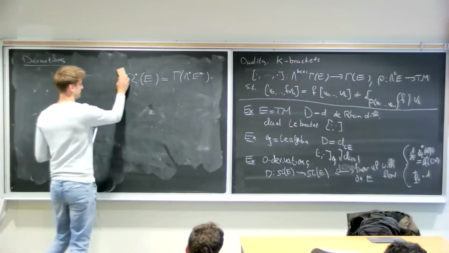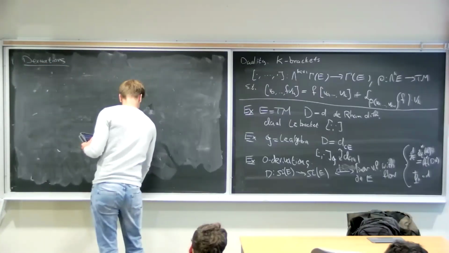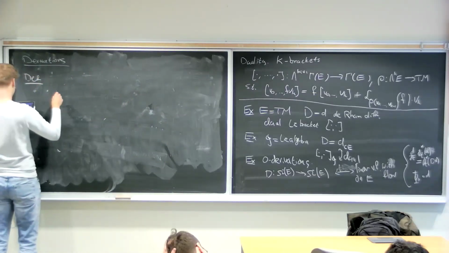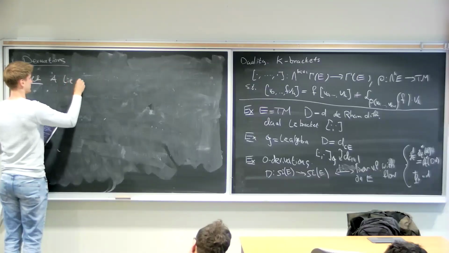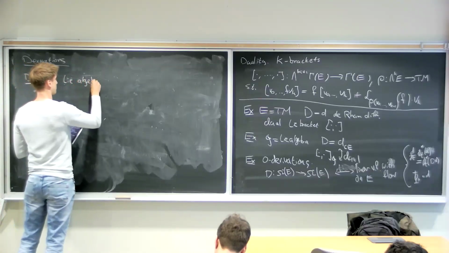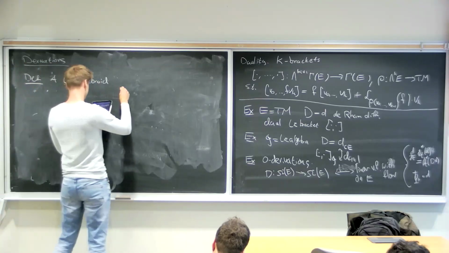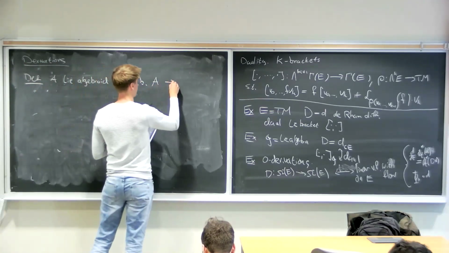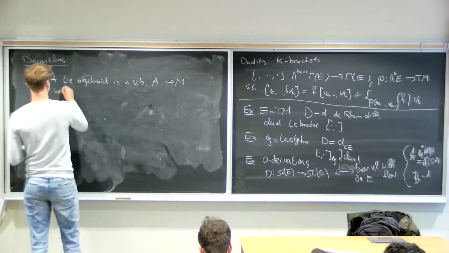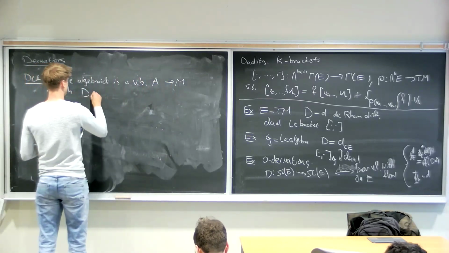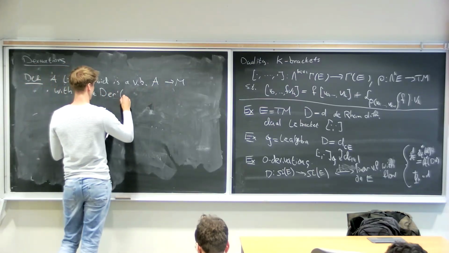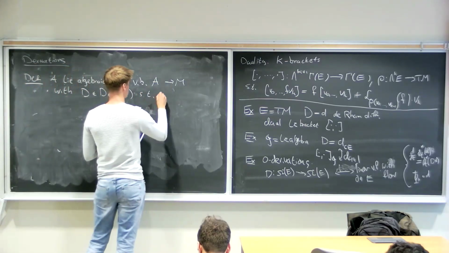As an example or definition, if you've seen Lie algebroids, let's just define a Lie algebroid like this. A Lie algebroid is a vector bundle A over M with a degree 1 derivation that squares to 0.